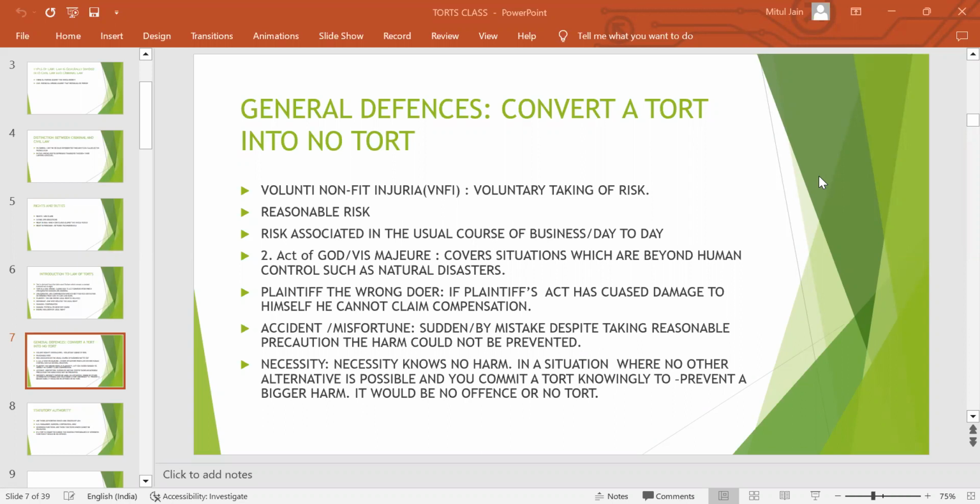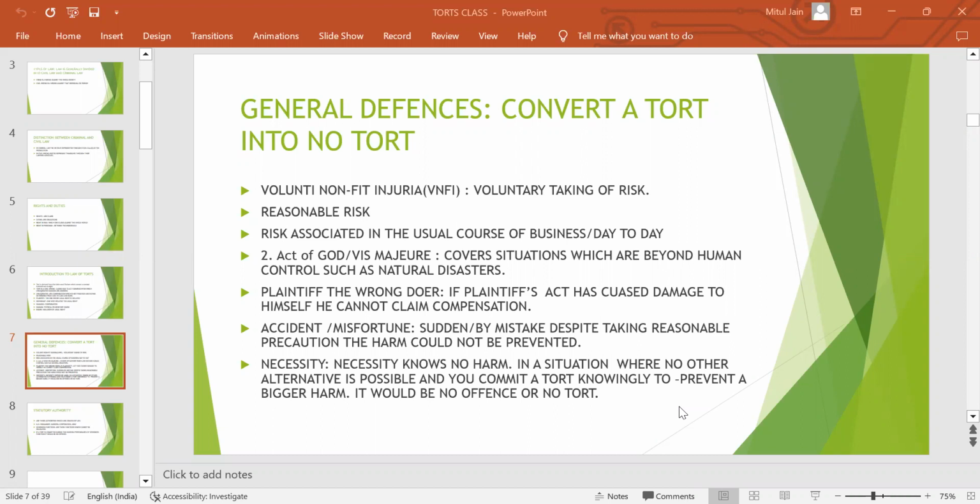Now, the defense of necessity says that in order to prevent a bigger harm, if you cause a smaller harm, and causing the smaller harm was the only option which was available to you, then in that situation, you can cause the smaller harm. Am I clear? Then in that situation, it would be a complete defense.